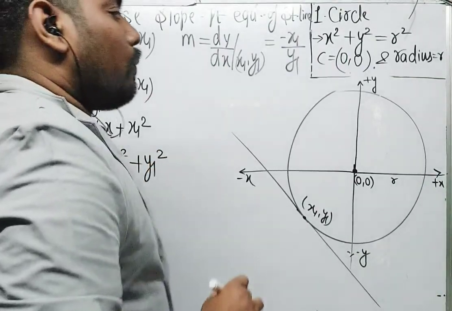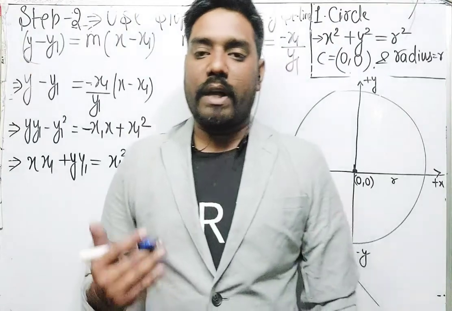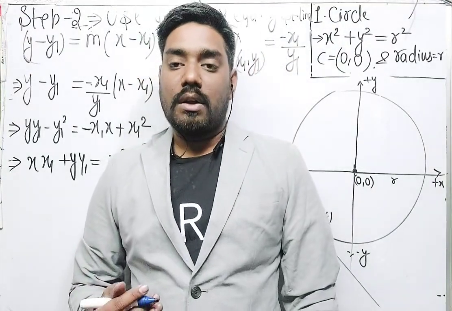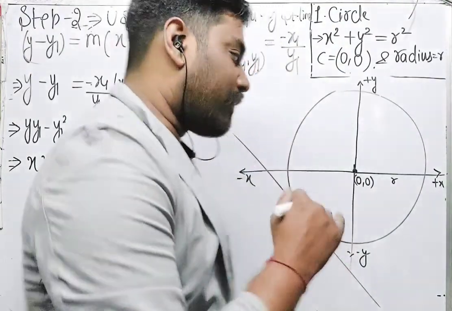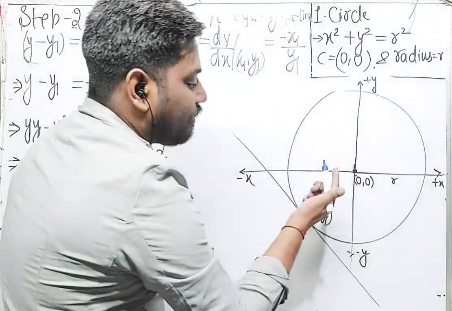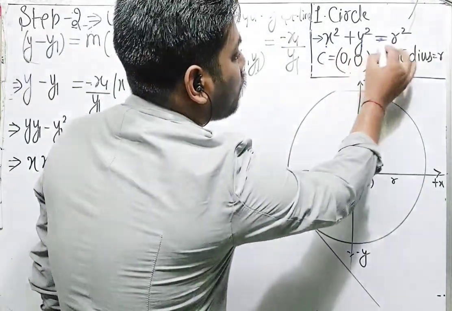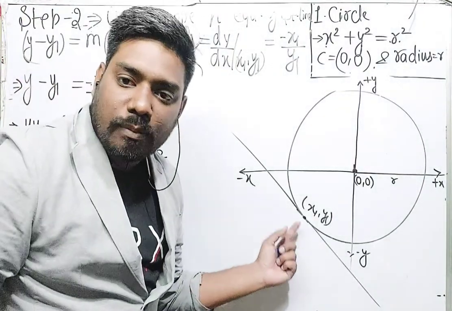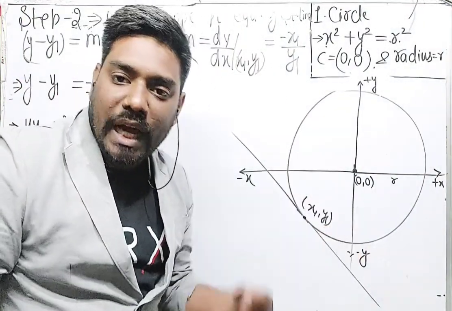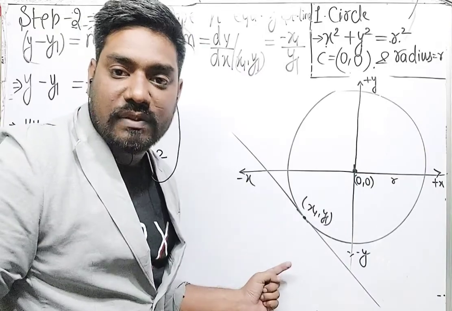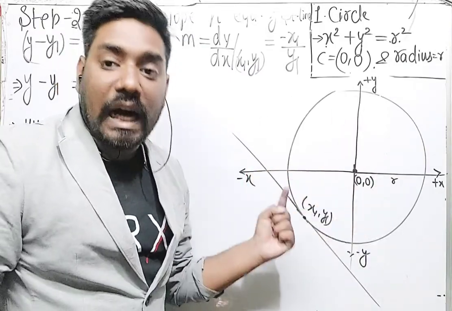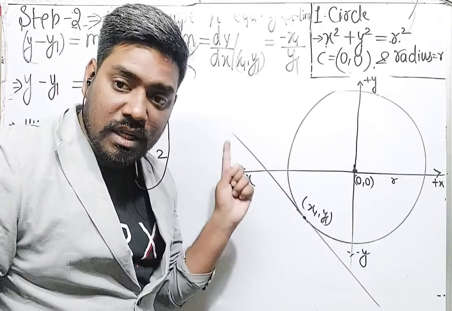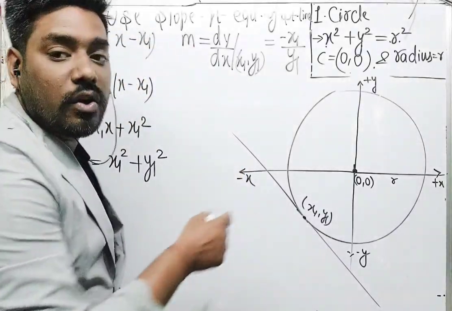Now we have the value of x1 square plus y1 square. How? Just find. We have the equation of the circle x square plus y square is equal to r square. Now this x1 y1 is a point on the circle. So that means x1 y1 satisfies the equation of the circle as well as the equation of tangent, because that's the common point.